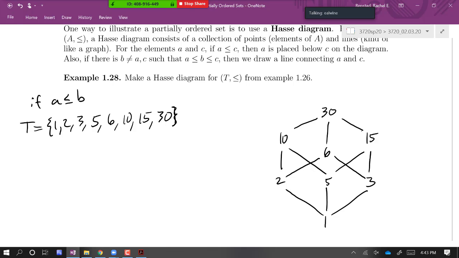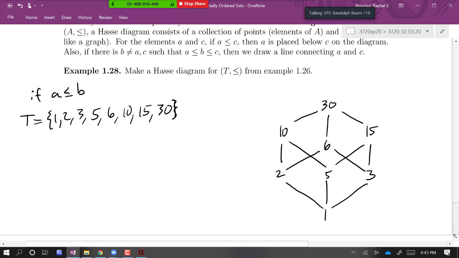Is it just coincidental that that turned out to be a cube? Well, it had a lot to do with where I chose to put 2, 5, and 3 in the beginning. A lot of the time there might be a nice kind of symmetry that emerges. But if I had put numbers in different places, it wouldn't look like a cube.